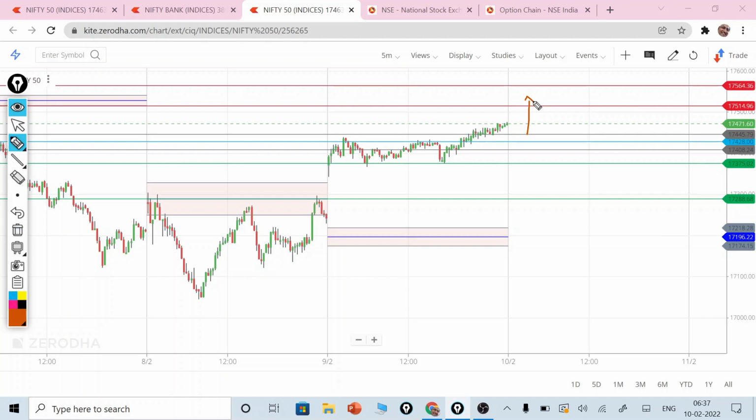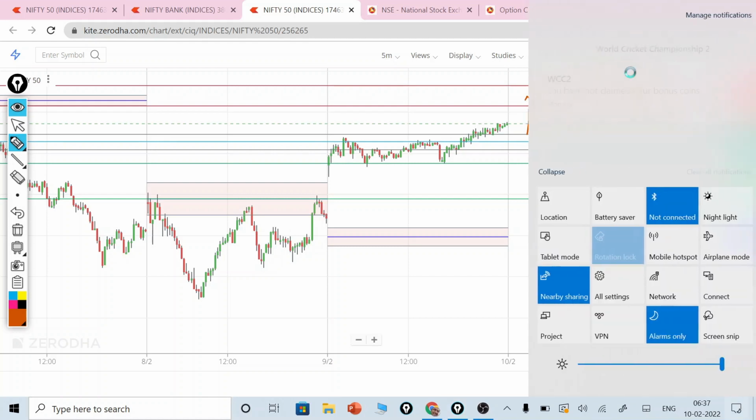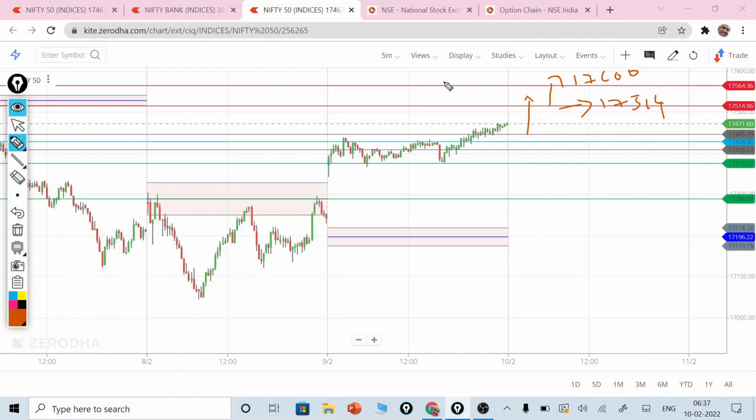If it opens above 17,514, you can buy for a target of 17,600, because we have resistances at 514, and there is one more resistance at 17,564.